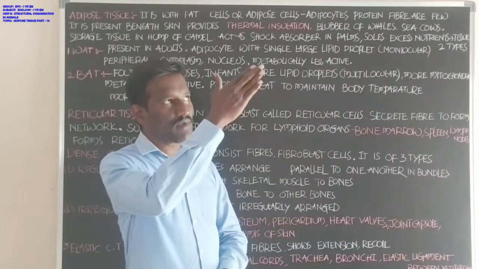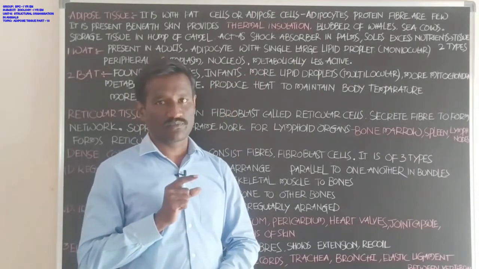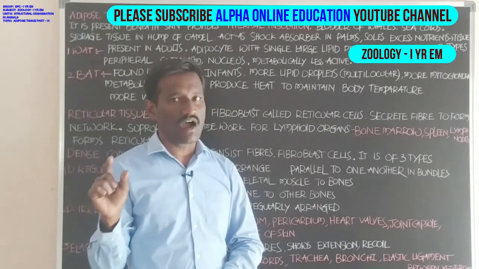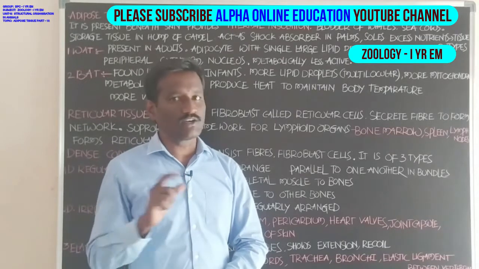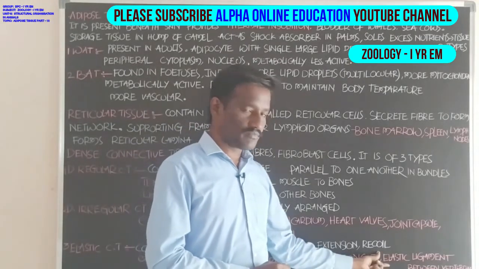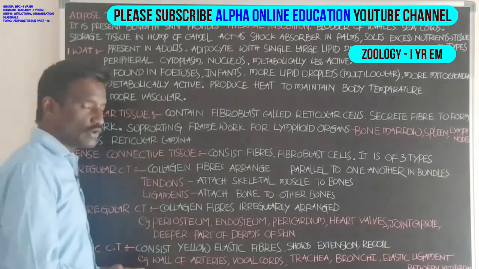The vertebral column shows the serial arrangement of the vertebrae. Each vertebra attaches with the adjacent vertebrae with the help of the elastic ligament, which is also made up of elastic connective tissue.